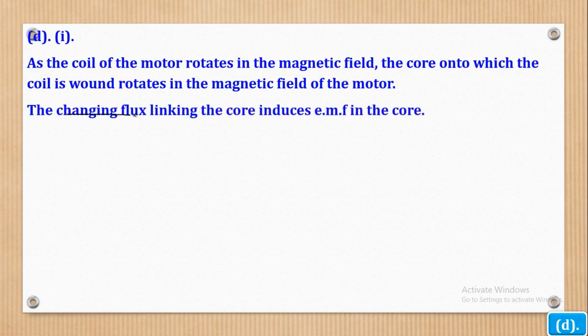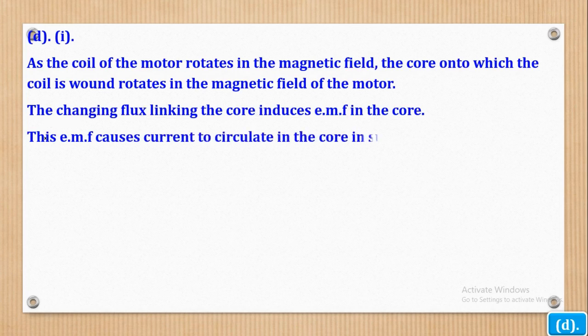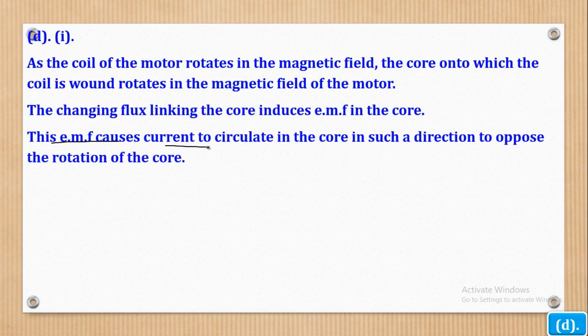The changing flux linking the core induces EMF in the core. This EMF causes current to circulate in the core in such a direction as to oppose the rotation of the core. These are eddy currents.